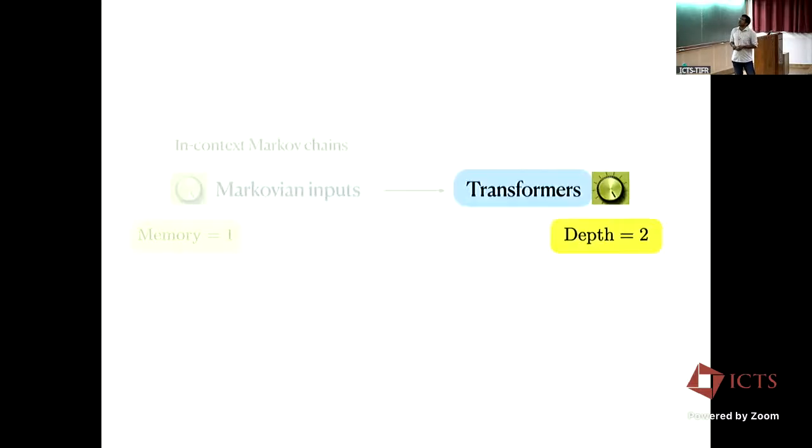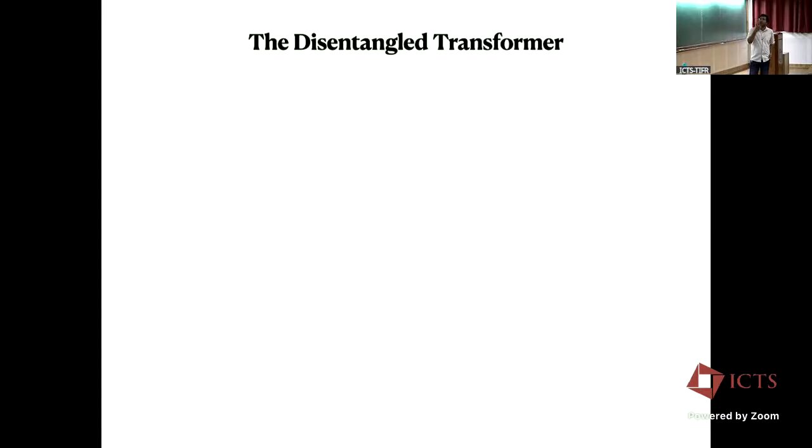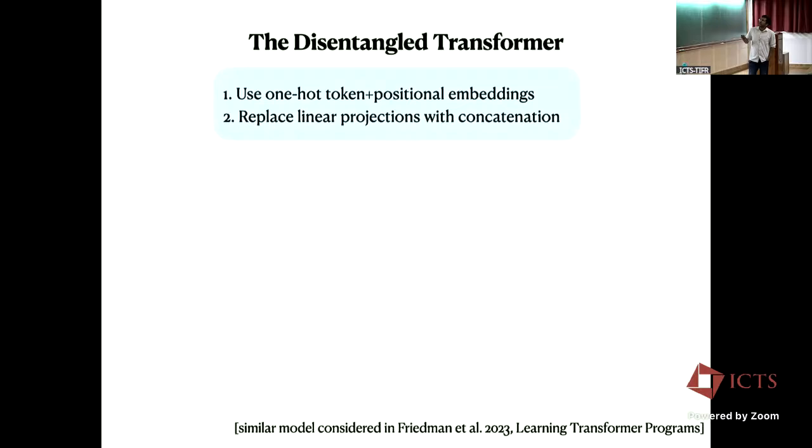Now, taking a look at the architecture, what is the 2-layer architecture that we use to study? Here we consider something called a disentangled transformer. What do I mean by that? Here we consider the normal token embeddings and position embeddings. Usually you add them, but here we consider them side by side. We don't add them. Also, wherever there are linear operations, we just concatenate them.